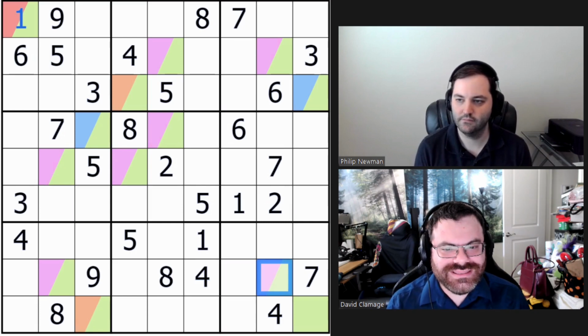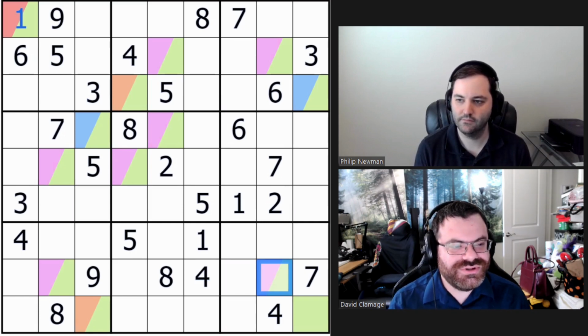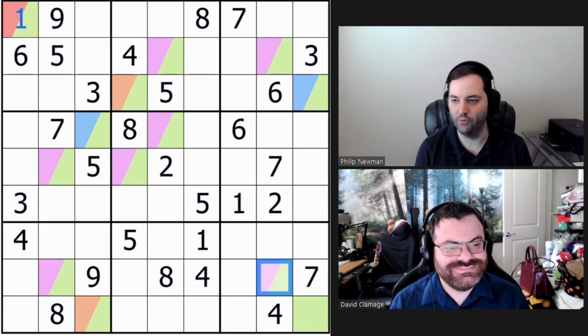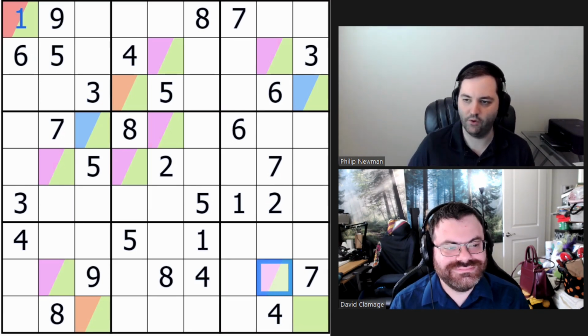I get the feeling that it's very much unexplored territory as of now, because I don't know of any solvers that actually look for oddagons right now, like the computer YZF solver does. Yeah, if you're looking for advanced techniques in a solver, YZF Sudoku is not the only one, but it's one that is on the cutting edge.